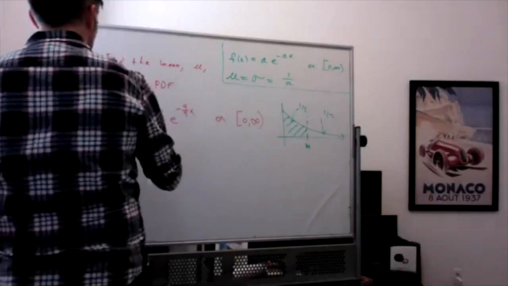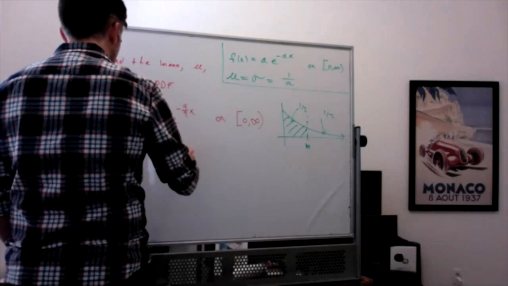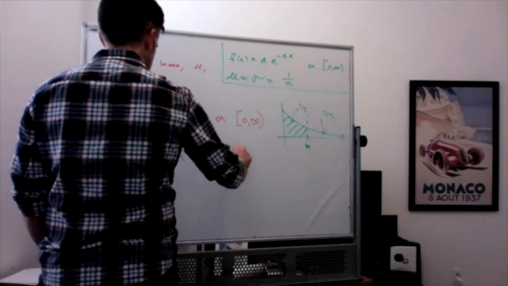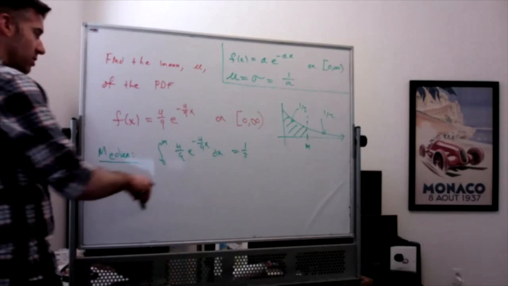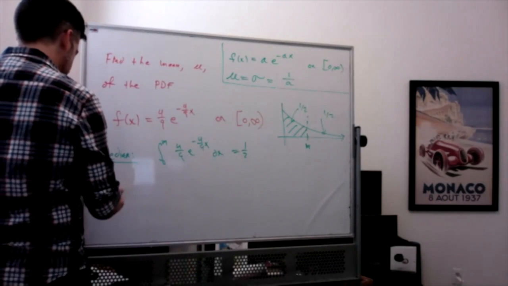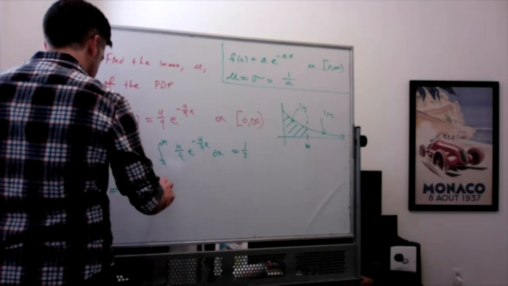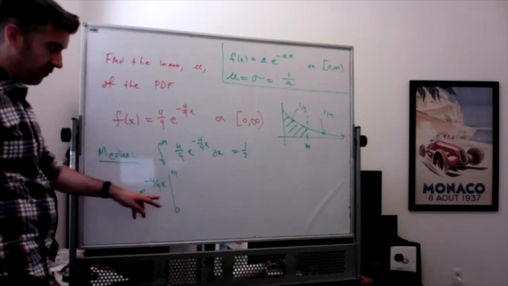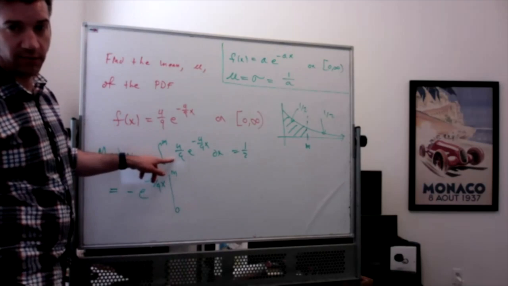So we're going to do the integral from 0 to m of 4/9 e to the negative 4/9 x, set that equal to 1/2, and solve for m. When you integrate 4/9 e to the negative 4/9 x, you get negative e to the negative 4/9 x, because if you differentiate this, you multiply by negative 4/9, which gives you the positive 4/9.